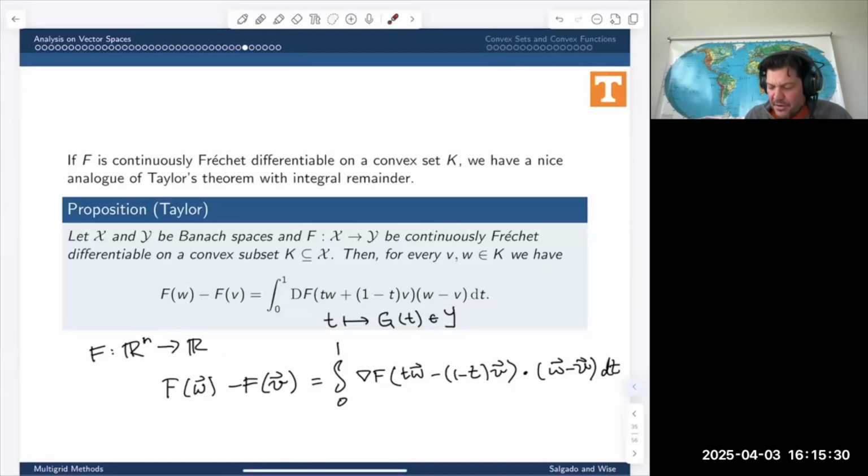Well, the answer is you need this mapping to be what is called strongly measurable. And you need to be able to write simple function approximations of things which are Banach space valued.